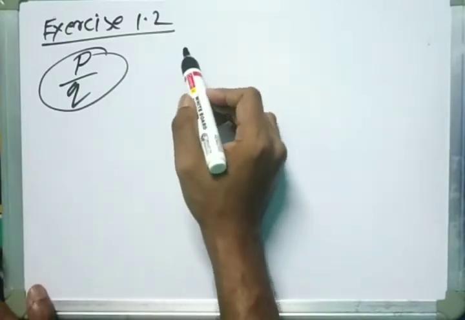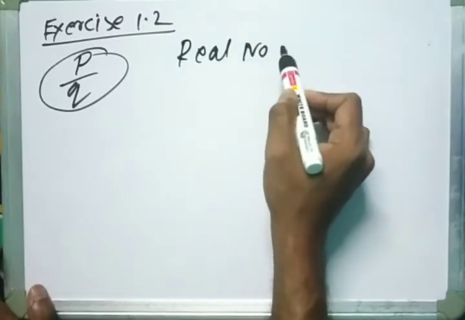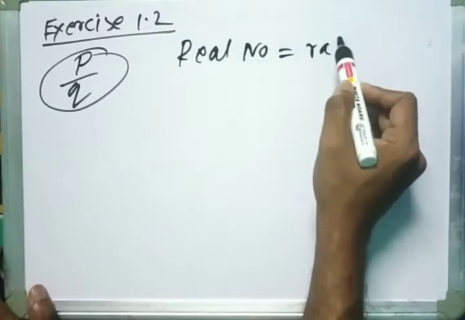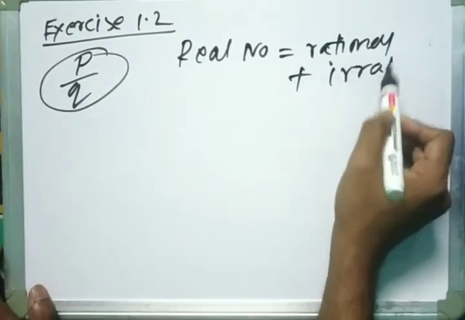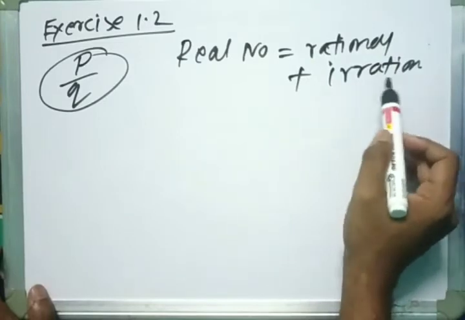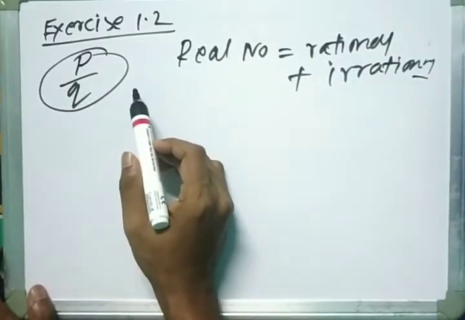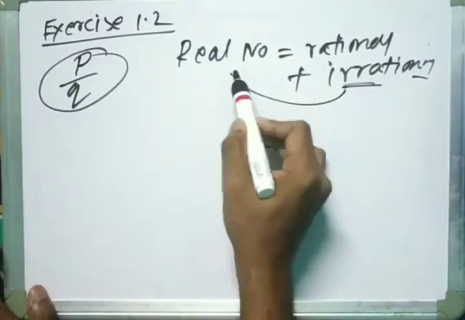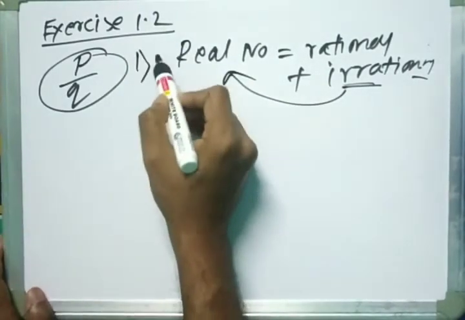Yes, because real number equals rational plus irrational. Okay, so definitely every irrational number will be a real number. That was 1.